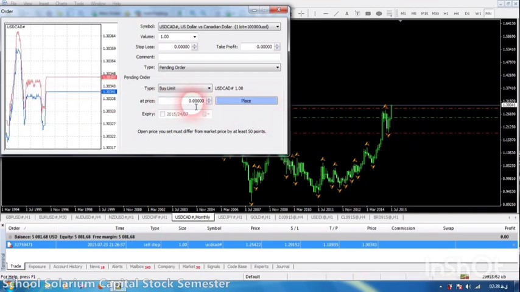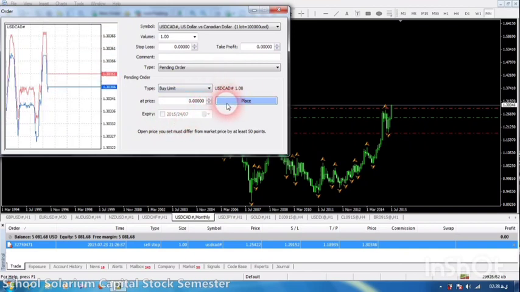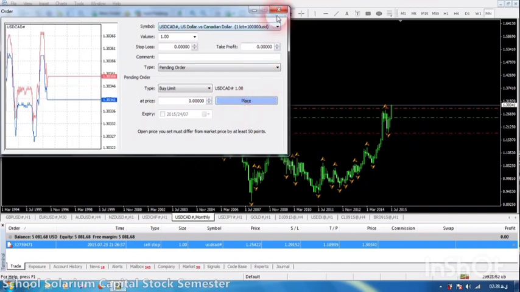And in here you can type in the price that you want to, and you can also determine an expiry date for it. And if you click on your place, that will be it. And you can also determine your stop loss and take profit.